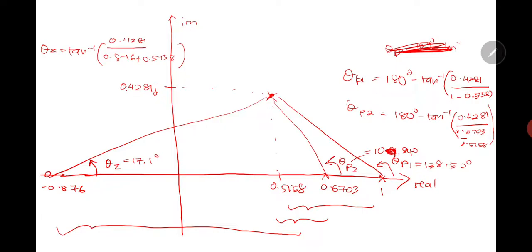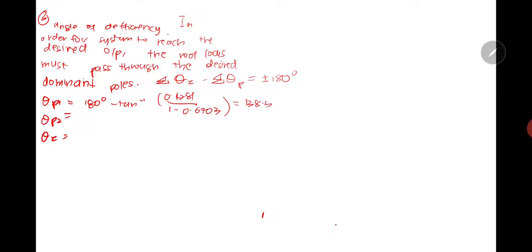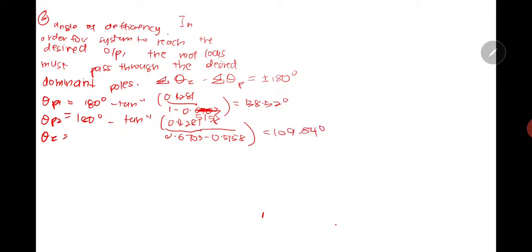So we need to calculate the angle of deficiency. As I mentioned just now, you calculate theta P1, theta P2, and theta Z. Theta Z is tangent inverse of the height and the width, which is equal to 17.1 degrees.